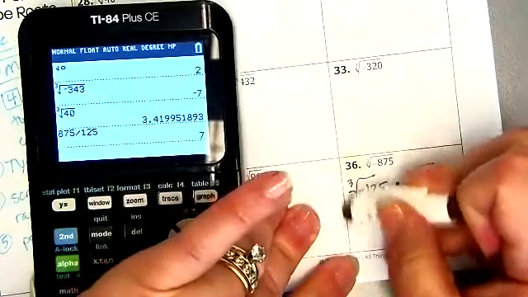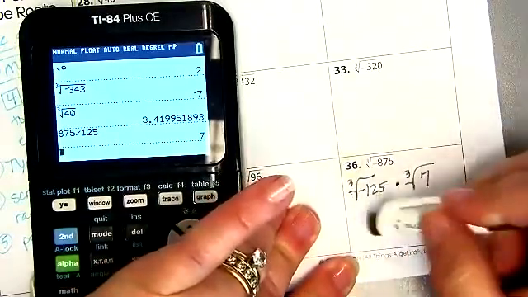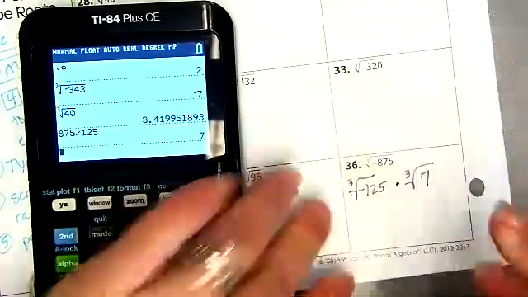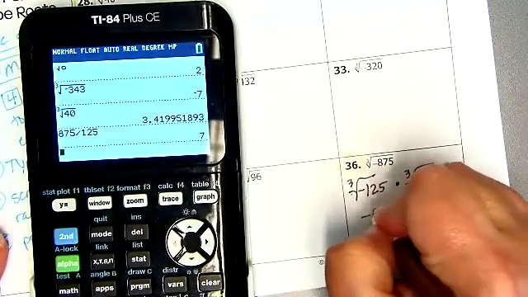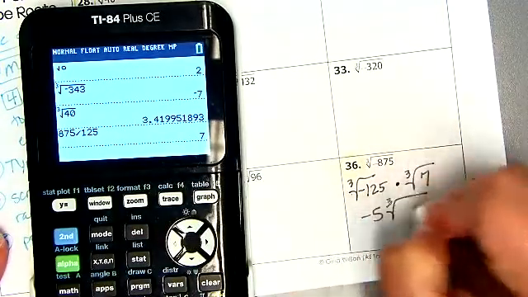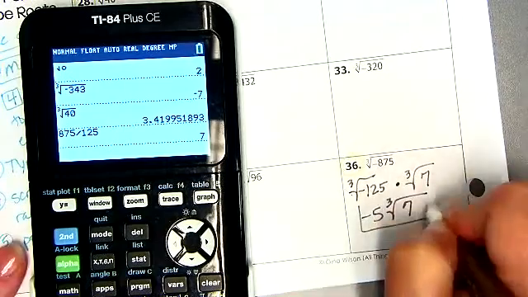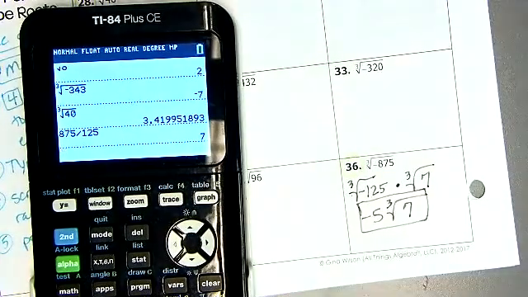Once I take the cubed root, it's outside. So we're going to have -5 cubed root of 7. There's my answer. Your assignment is to do the odds.